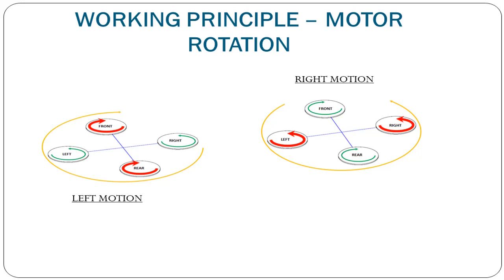And if the quadcopter wants to move in the right direction, that is to the right of the horizon, then your right and left propellers must rotate faster than the front and rear propellers.